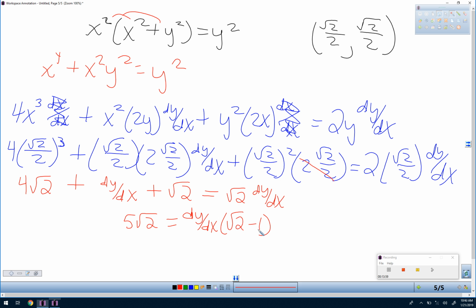And then I would divide that, and that would give me 5 radical 2 over radical 2 minus 1, and that would give me my slope there.